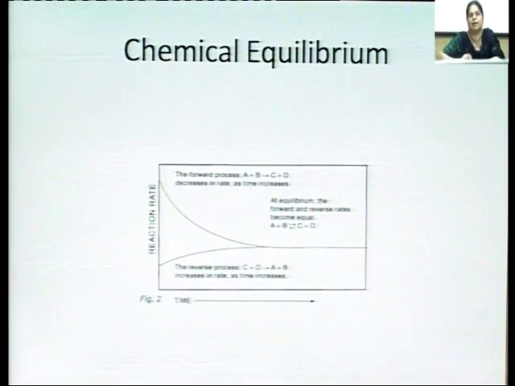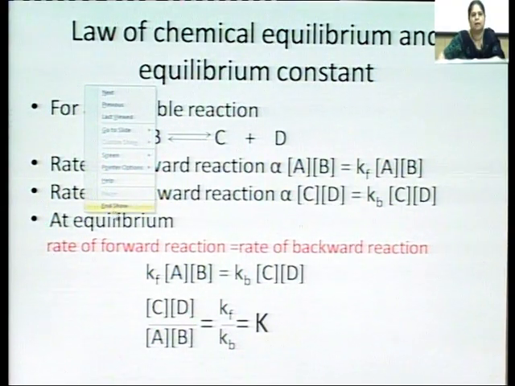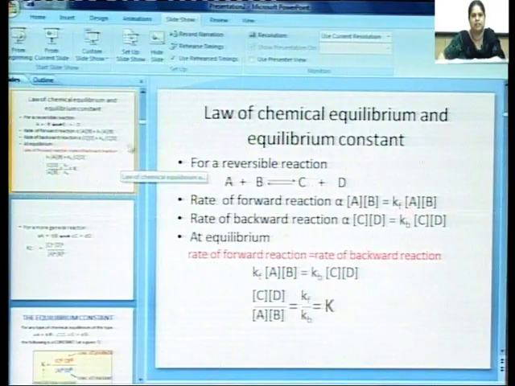Now, in order to establish an expression for the equilibrium constant, we must know on which factors the rate of a reaction depends. In order to derive the relationship for the rate of reaction, we must understand the law of mass action.